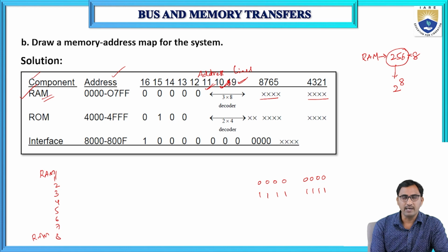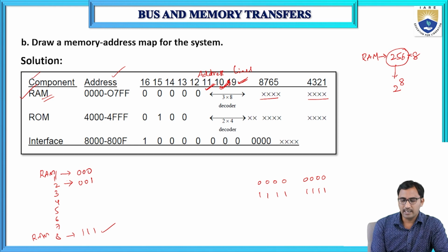When 9, 10, 11 are 0, 0, 0, then RAM 1 will be selected. When they are 0, 0, 1, RAM 2 will be selected. If all these 3 address lines are 1, 1, 1, then RAM 8 will be selected. In this way, we can select any one of the RAMs based on address lines 9, 10, 11.